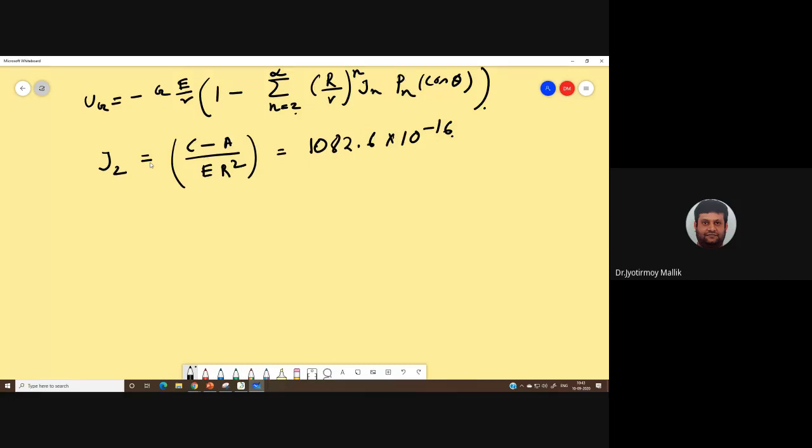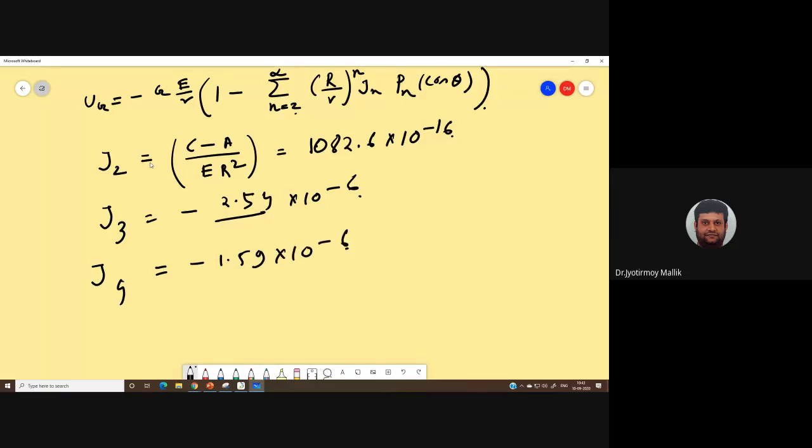If n equals 3, then J3 is equal to minus 2.54 into 10 to the power minus 6. If n equals 4, then J4 will be equal to minus 1.59 into 10 to the power minus 6.